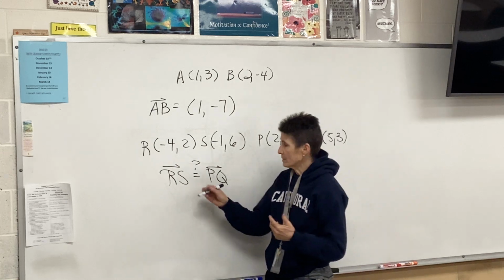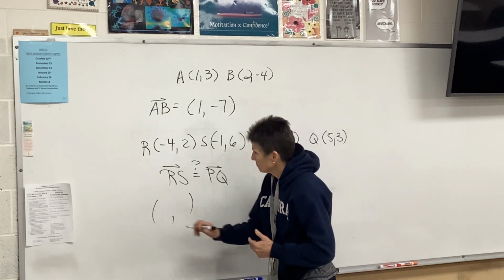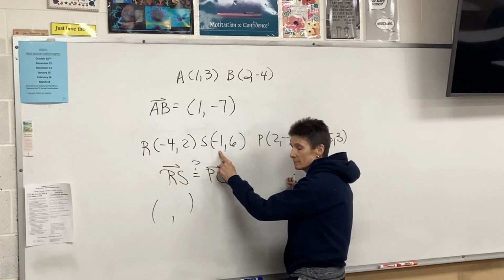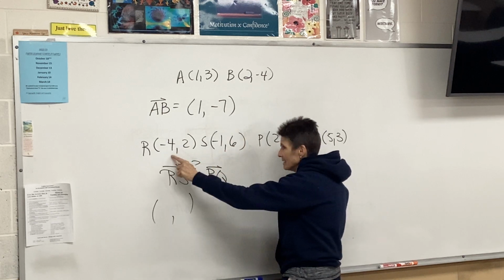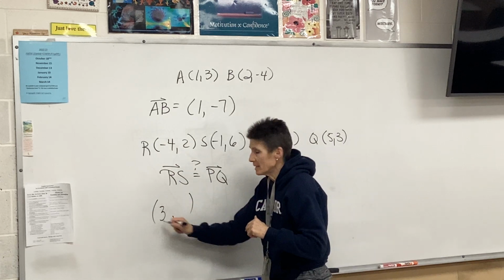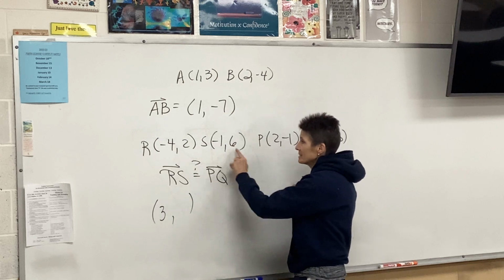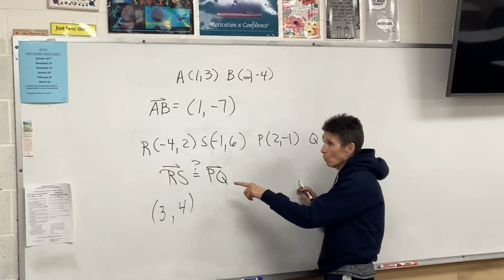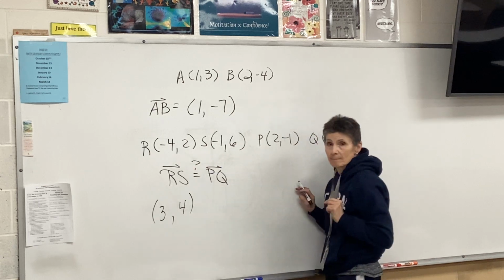So what are the coordinates of RS? We're going from negative 4 to negative 1. Watch your arithmetic. Negative 4 to negative 1 is a change of positive 3. And 2 to 6 is a change of positive 4. So those are the coordinates of RS.